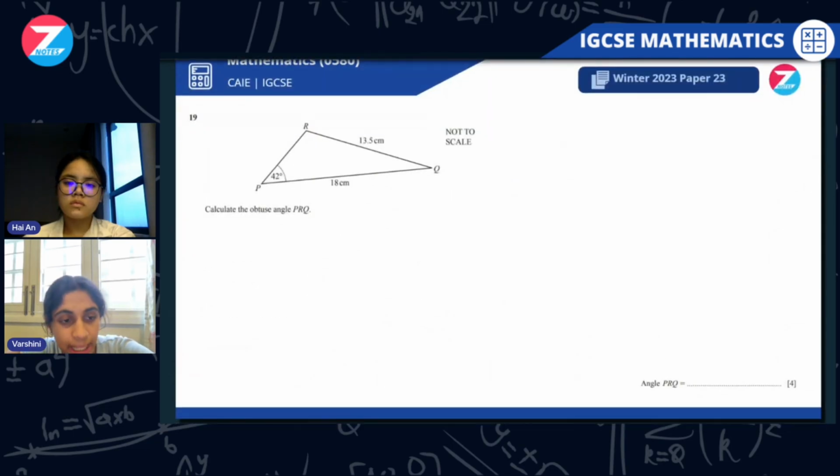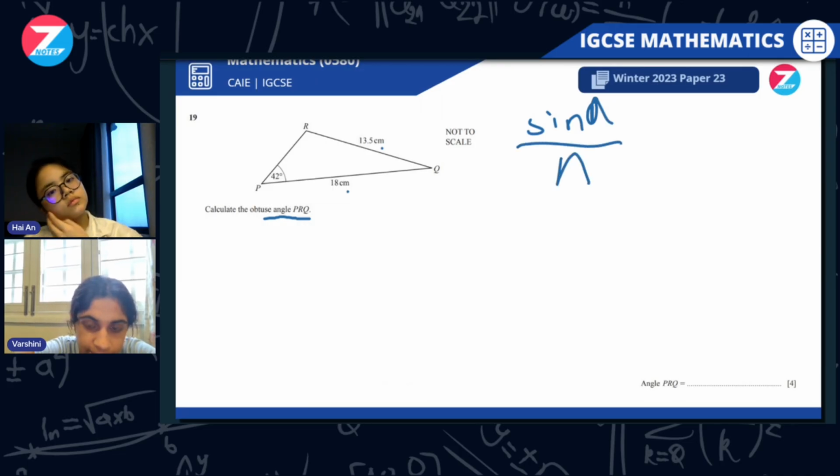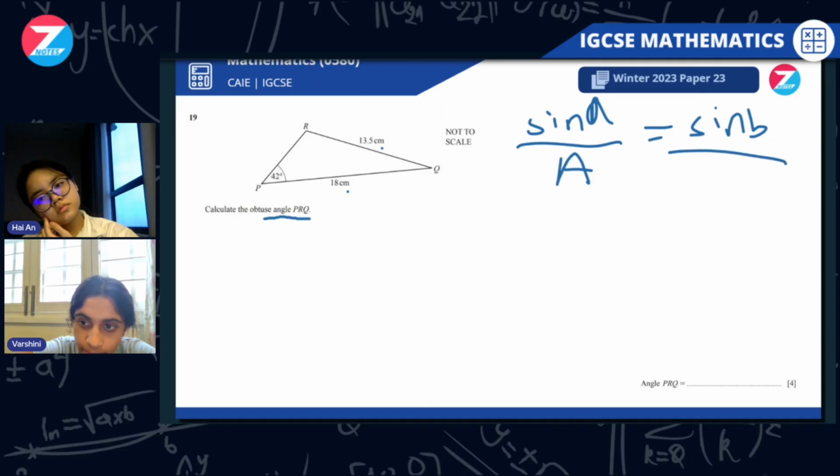Okay, question 19. Calculate the obtuse angle PRQ. We have two sides here, 18 and 13.5, and we have one angle, so we can use the sine rule. We know sine A by the opposite side is going to give us sine B by the opposite side for a triangle.